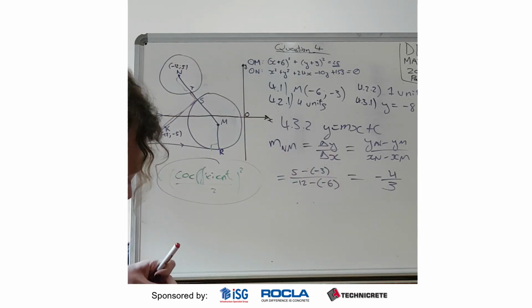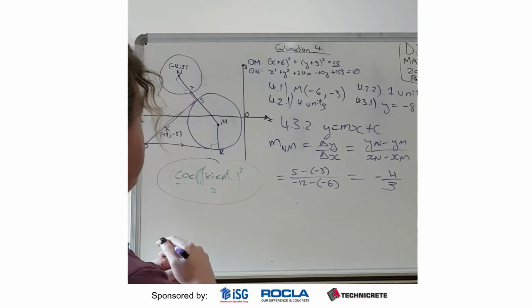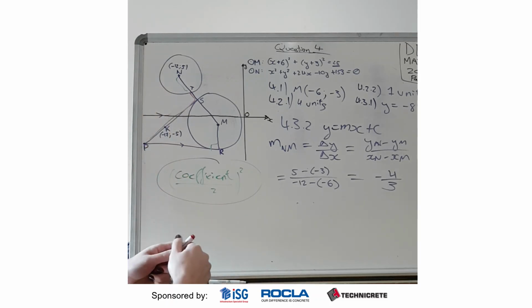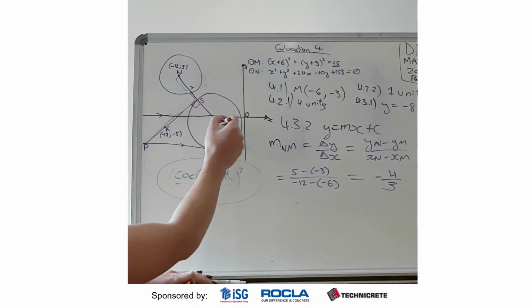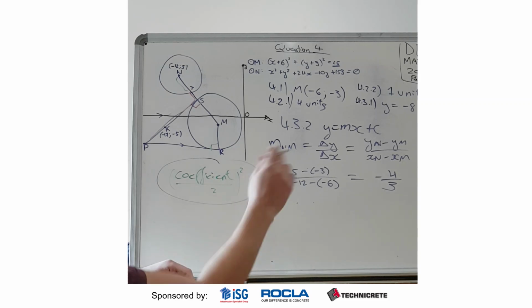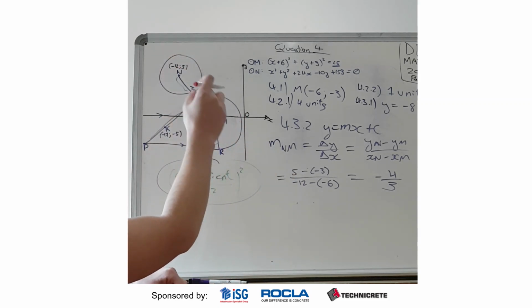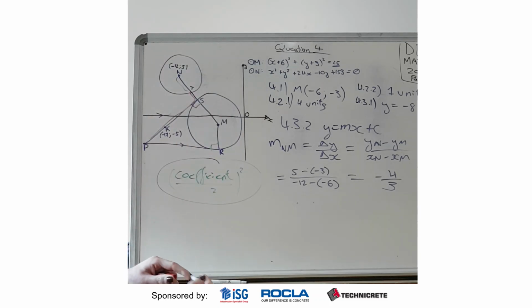And something that we always know is tangents are perpendicular to radii. And nm forms, well, the radius of m forms part of nm that we just calculated.